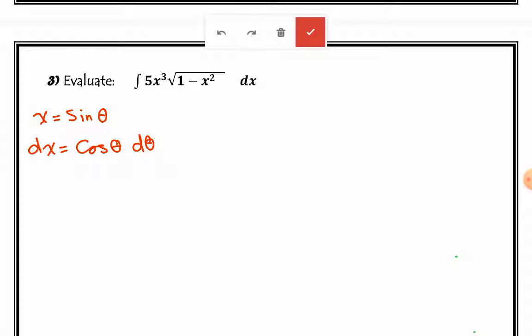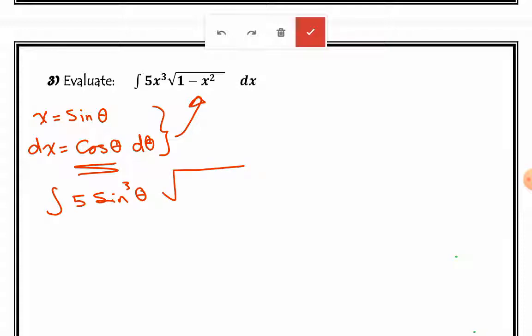Okay, then substitute by this in the question here. So we have the integral of 5, and the x will be sine to the power of 3 theta, root 1 minus sine squared theta, and dx is cosine theta d theta.